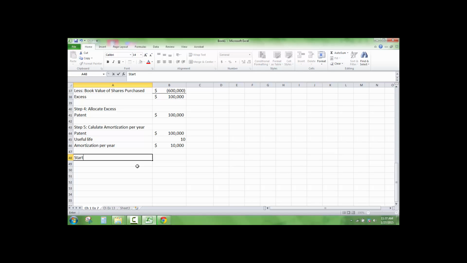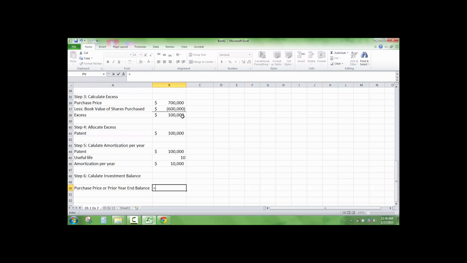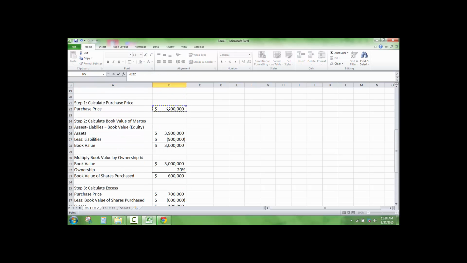So, step 6, calculate investment balance. So we take the purchase price, or in this case, the purchase price or the prior year end.